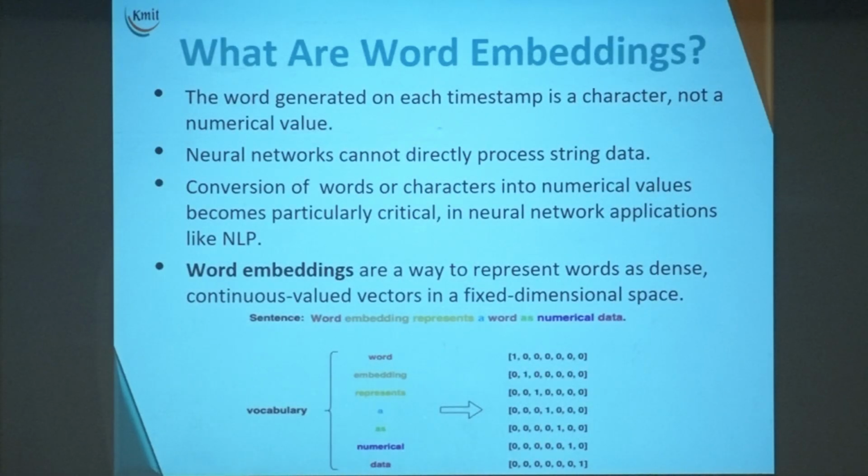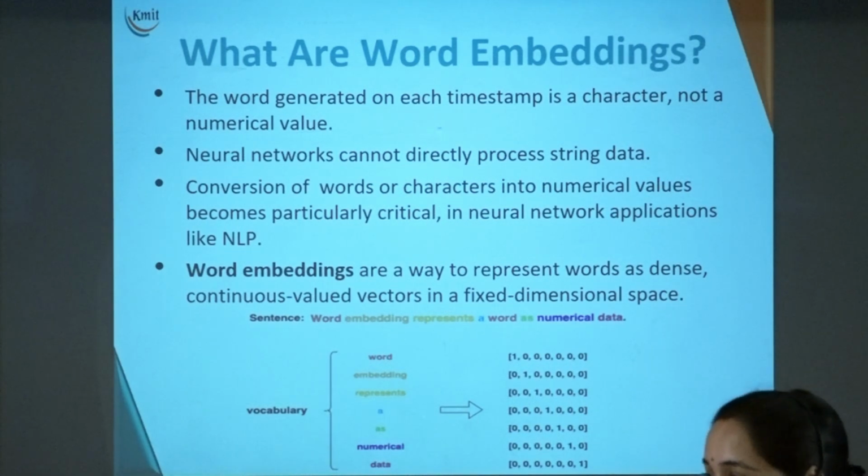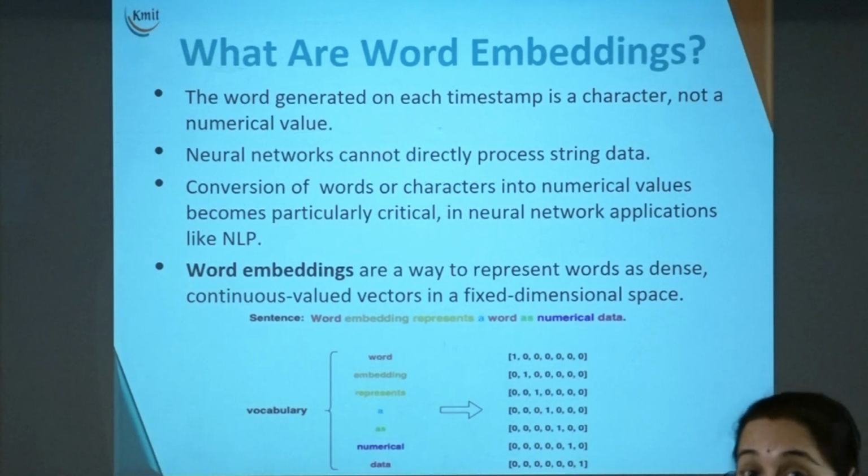Before going to that, ever heard about this word embeddings? Ever used, ever heard? Anybody? Embed. Word embedding. Embedding layer. Till now you are familiar with convolution layer, pooling layer, dropout layer, etc. This is a new word for you.